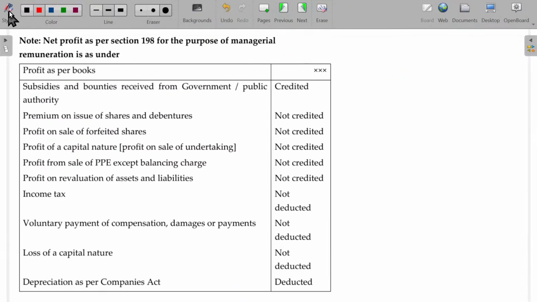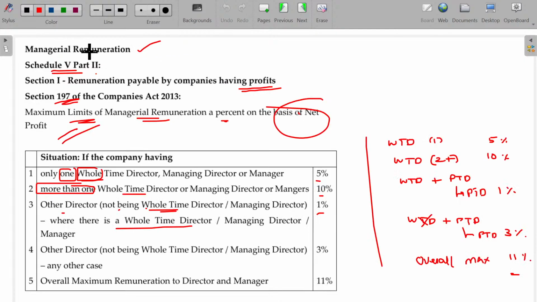Now, what should be included, what should not be included? Net profit as per section 198 is used for the purpose of managerial remuneration. Section 197 states the percentage of remuneration payable on the net profit. What is the net profit? Net profit as per section 198.